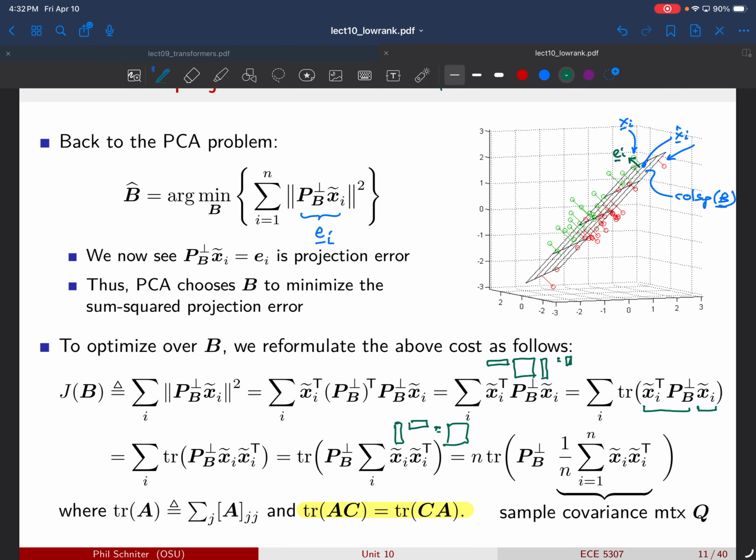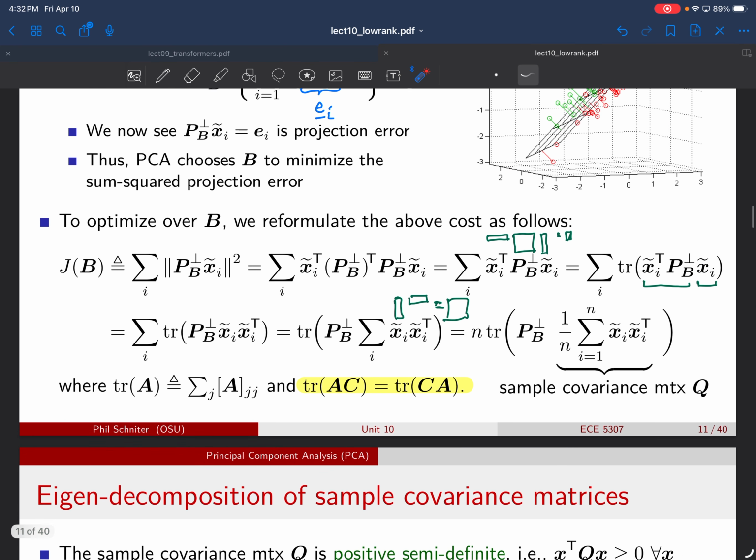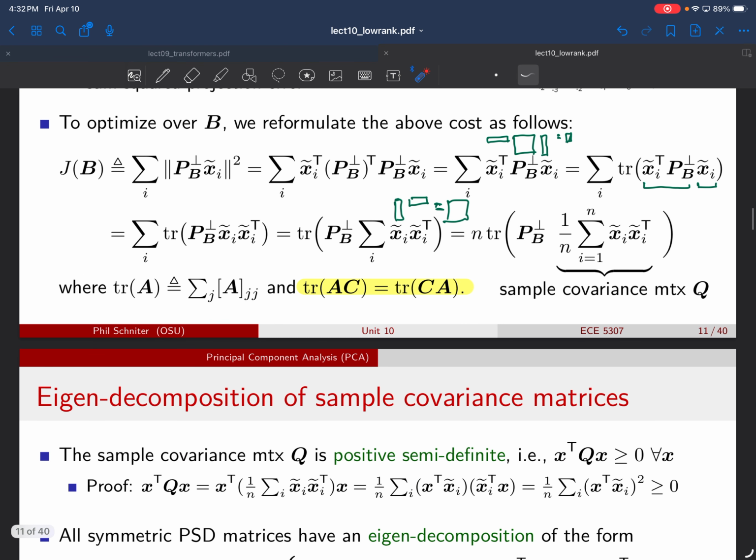And in particular, this is a familiar matrix. If we sneak in a 1 over n here and then compensate with an n over here, then we recognize this as just the sample covariance matrix of our data. Okay, so to summarize, our cost, the thing we're trying to minimize, is n times the trace of PB perp times the sample covariance matrix.